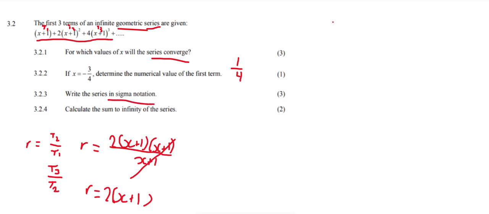The formula is Tn equals a r to the power n minus 1. We have to establish this. Remember, our first term is 1 over 4, and our r we have established it was this.